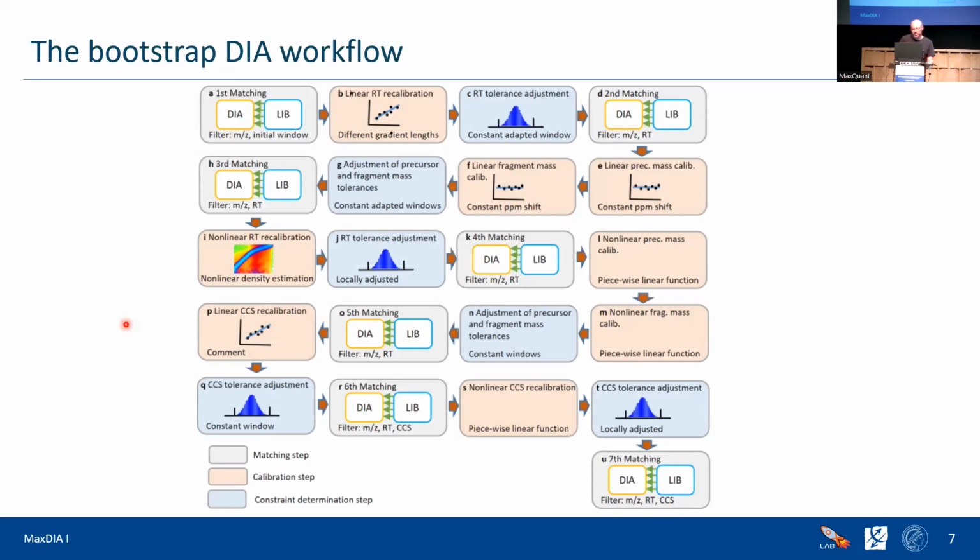And so we have now established a new workflow for doing this recalibration from the peptides in the sample. So it's not relying on spike-in molecules, but if the sample is sufficiently complex, it just uses these peptides. And as you saw yesterday in the DDA world, this is done with the two searches principle.